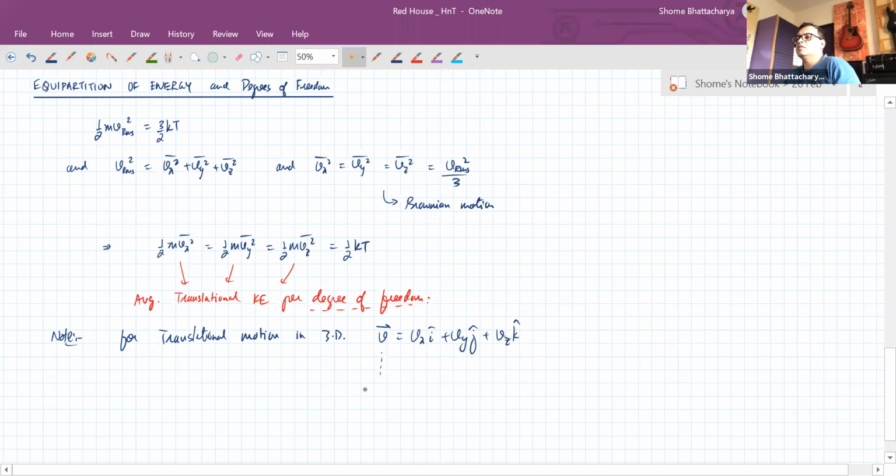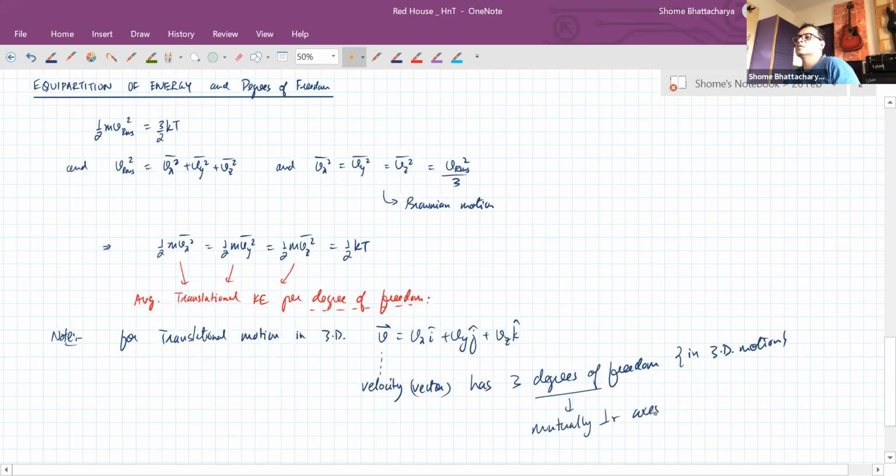So we say that the velocity vector has 3 degrees of freedom in the case of 3-dimensional motion, each degree of freedom being a mutually perpendicular axis for components.